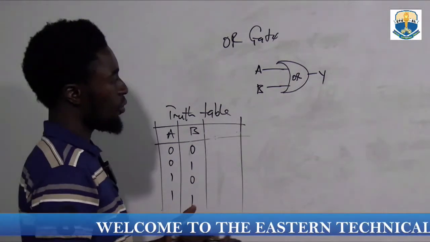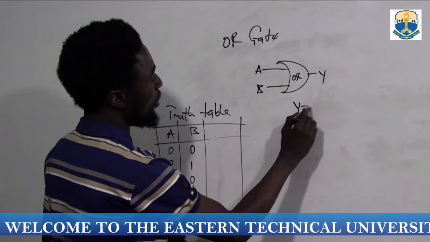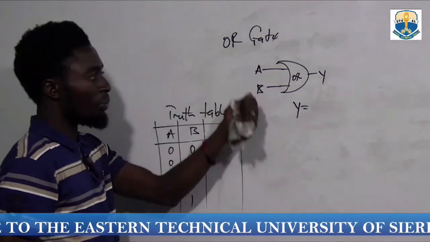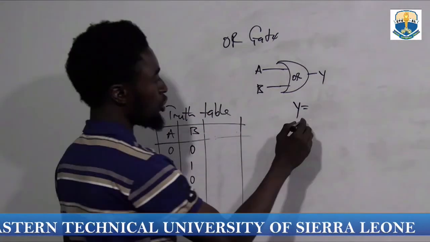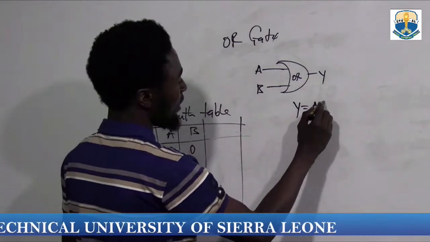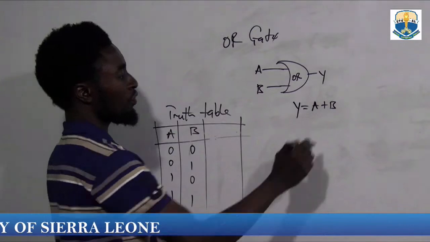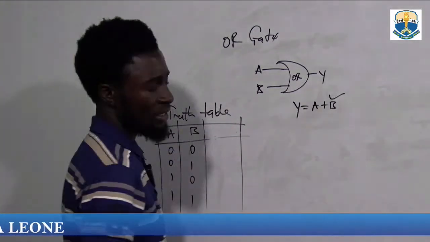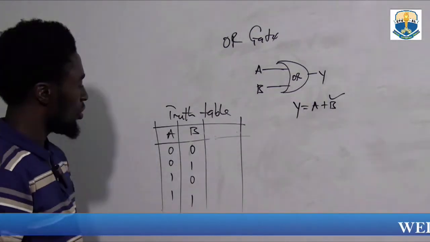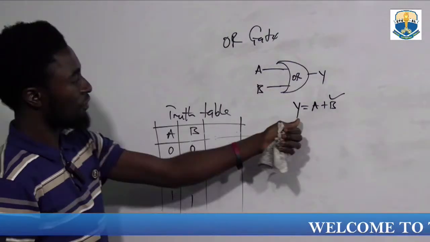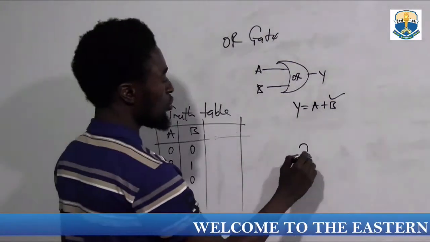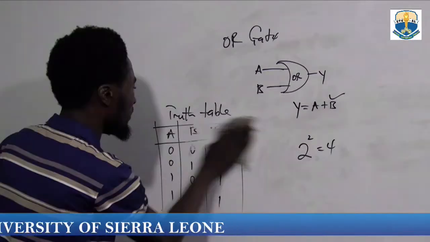So the output Y will be equal to A plus B, because the operation performed here is addition, so we are adding input A and input B. Since we have two inputs, there is 2 raised to the power 2, which is 4.